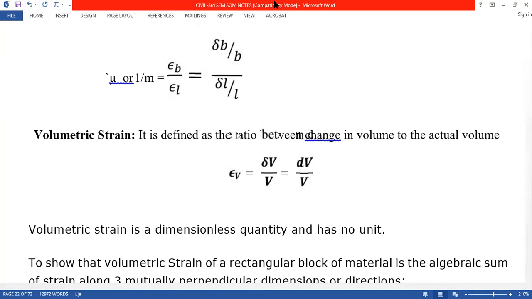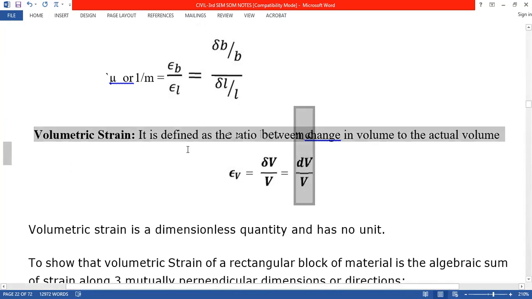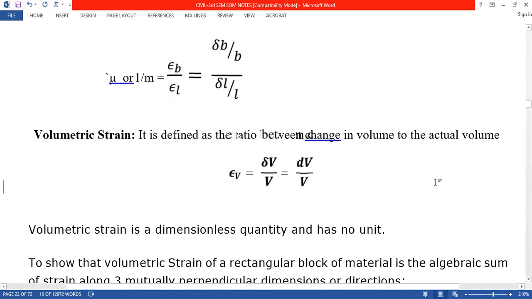Whenever a dry cloth is immersed in water, it will shrink. That is nothing but the volume of the cloth has changed. Similarly for a sponge, the volume has been modified. So volumetric strain is defined as the ratio of change in volume to the original volume. Original volume is defined as capital V.